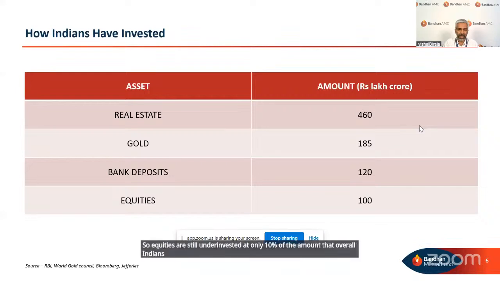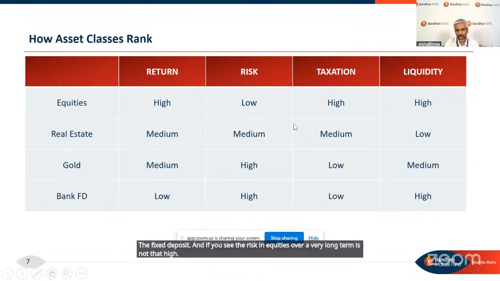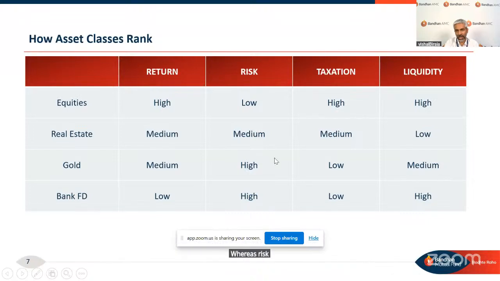The largest is real estate, but we still think that real estate is best, even though real estate returns are just marginally higher than the fixed deposit. And the risk in equities over a very long term is not that high, whereas risk in gold is high, and we have seen that.